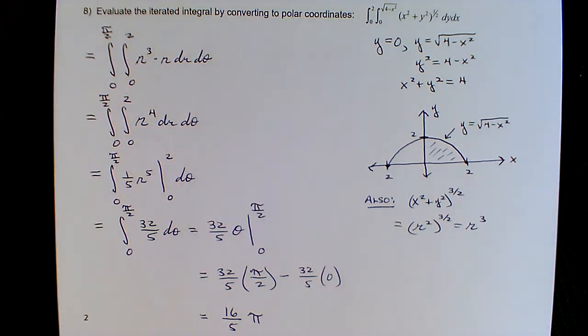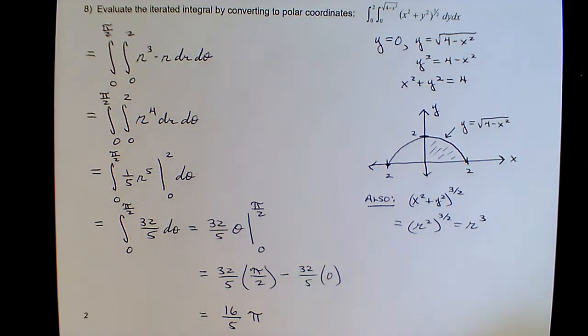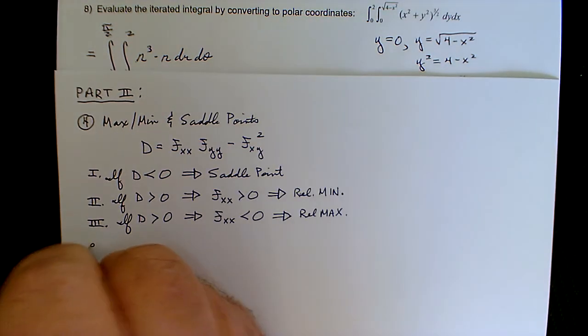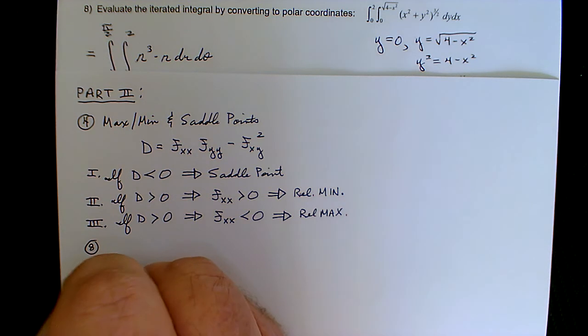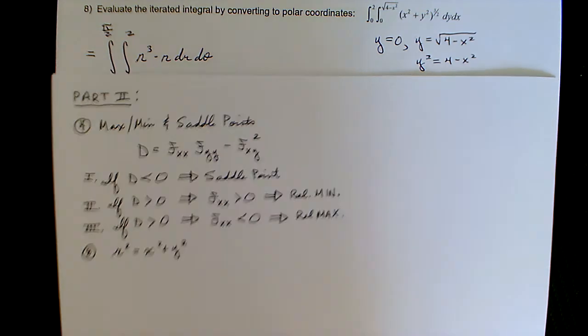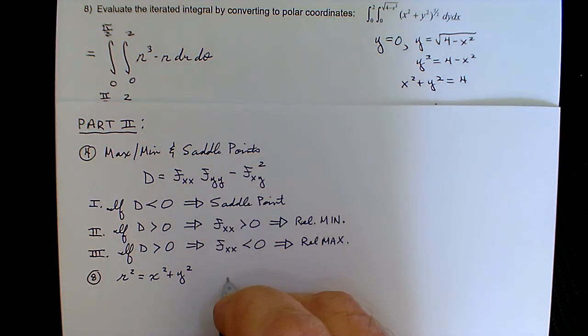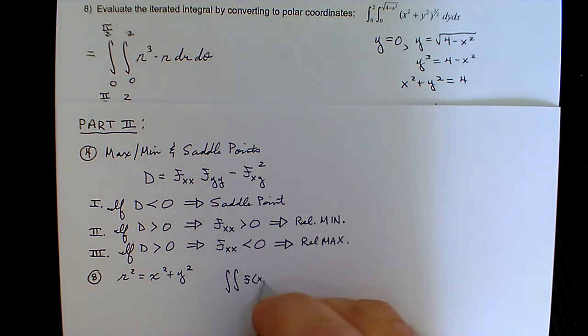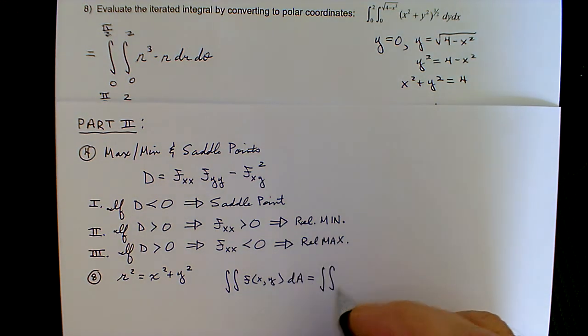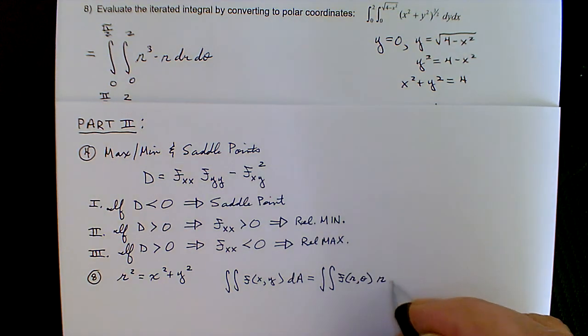So for this question, okay, number 8, you definitely want to know that r squared is x squared plus y squared, and that the formula for the integral is the double integral of whatever the function is times dA, which changes to the double integral of the function in terms of r and theta times r dr d theta.